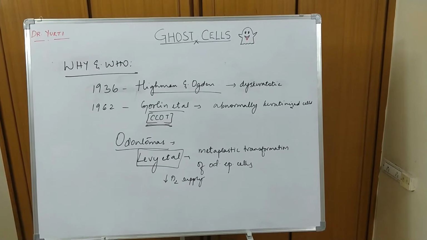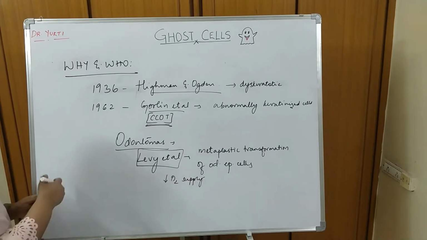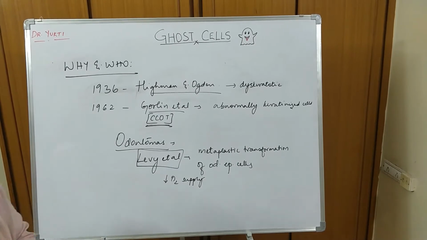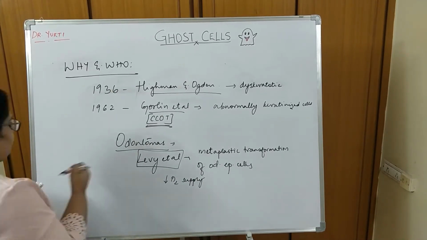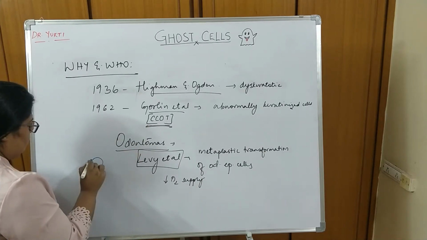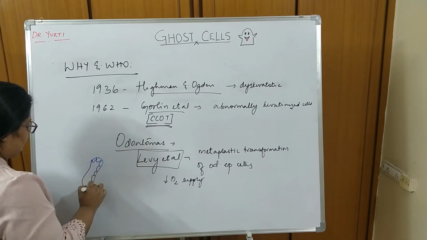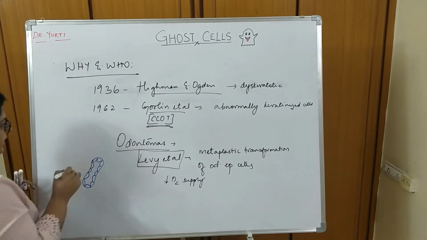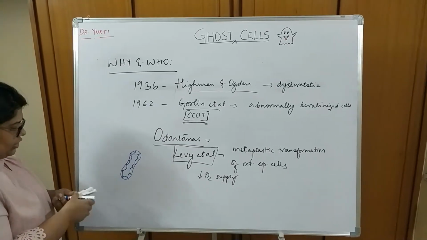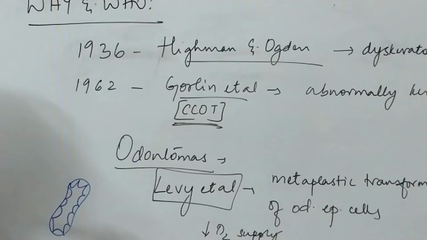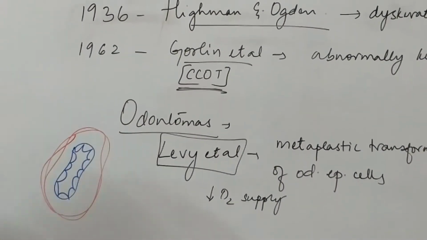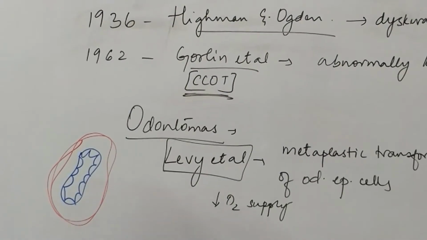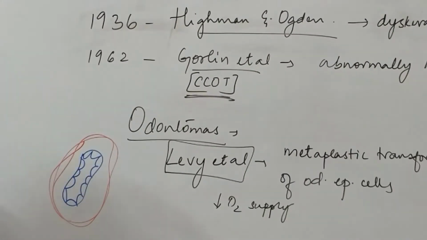that we see. So according to Levy et al., they thought that as this hard tissue formation is happening around the odontogenic epithelial cells, like for example, this is an island of odontogenic epithelial cells, right? Because of the hard tissue formation occurring around these odontogenic epithelial cells, the blood supply to these cells is cut off.